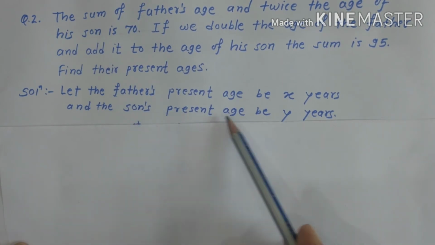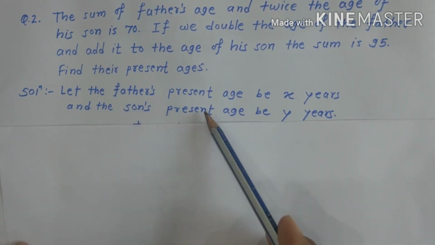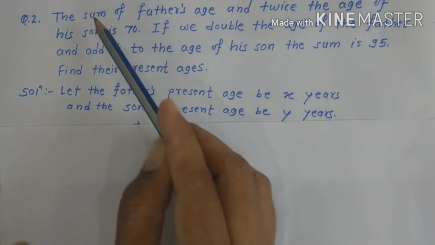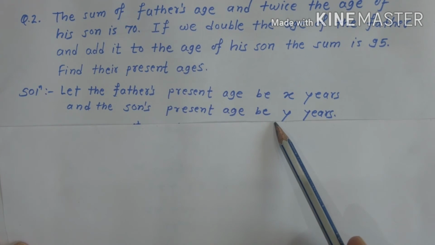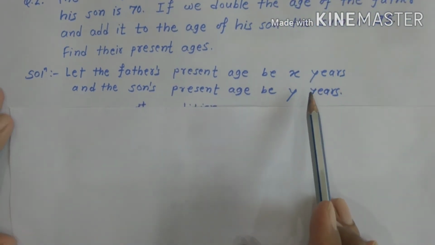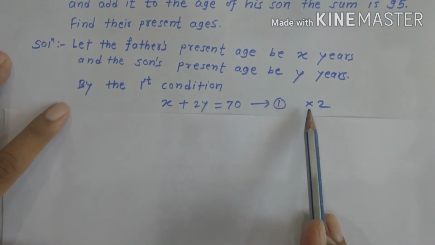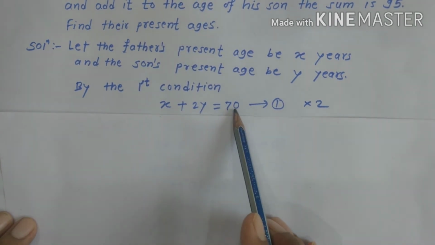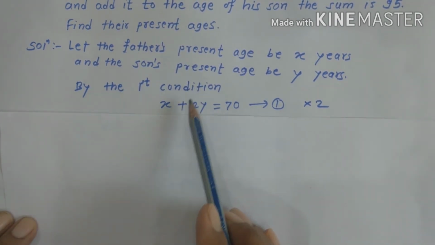What is the present age of his son? Son's present age is y. Therefore twice means 2y. And sum means addition. Therefore our first equation becomes x plus 2y equal to 70 according to first condition.